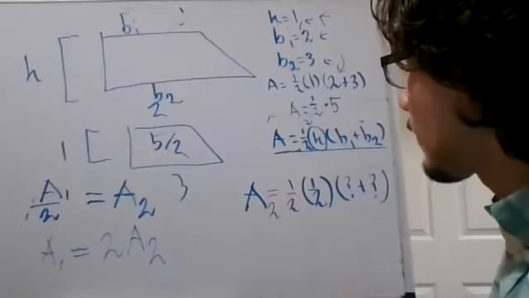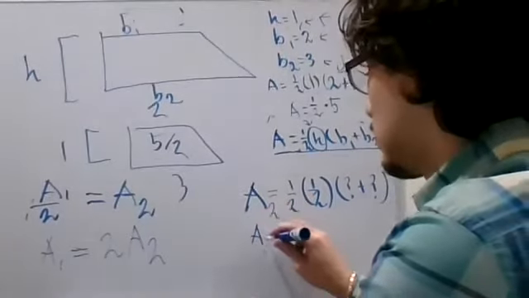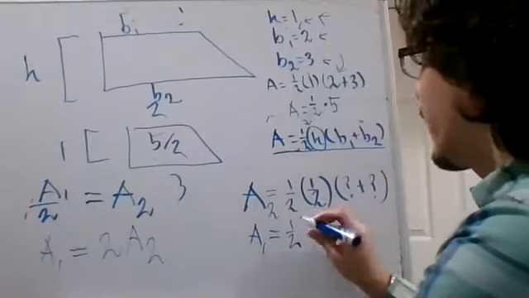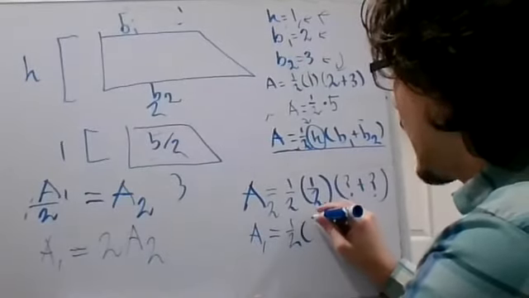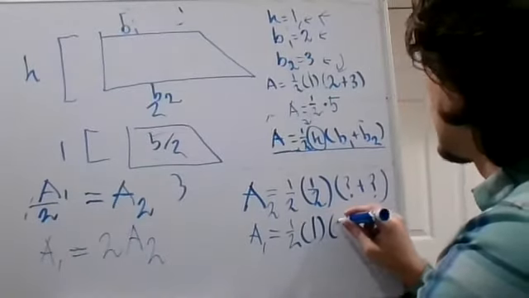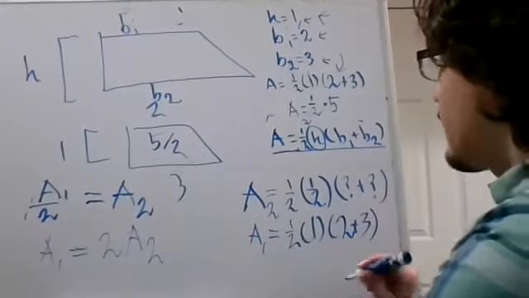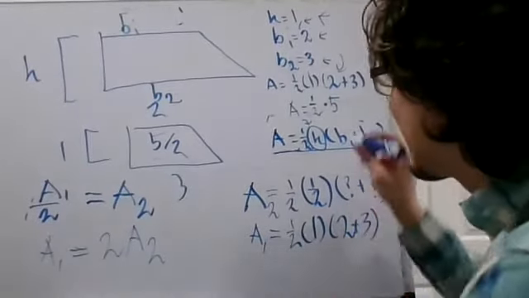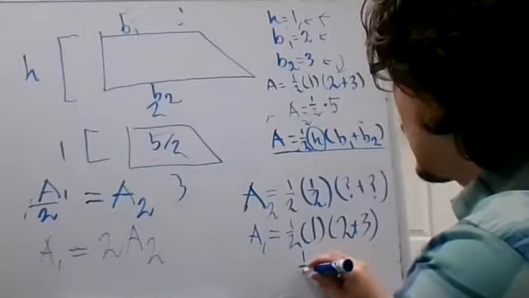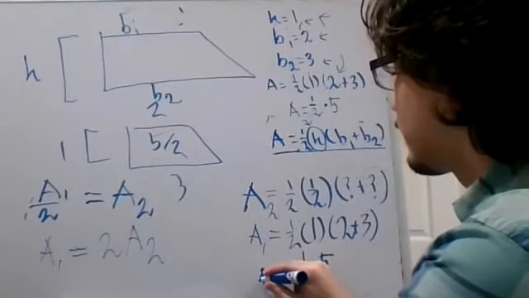Sorry. The old area, we did the calculations out, and over here we had 1 times the bases added together, which was 2 plus 3, which came out to 5, and 1/2 times 5. So 1/2 times 5 was our old area.